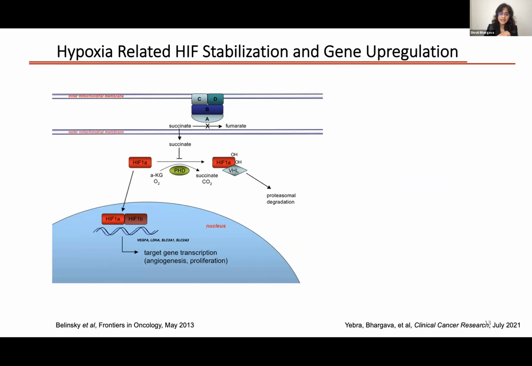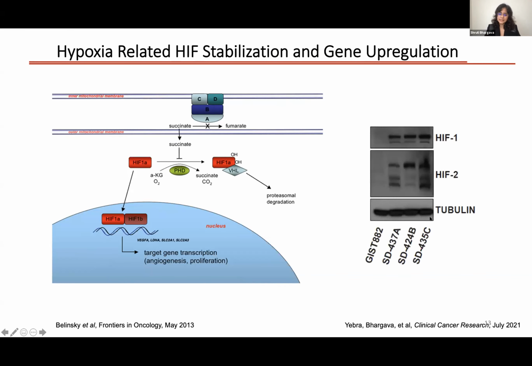So succinate actually inhibits one of the components in the cell which causes the degradation of HIF1 alpha. Thus, higher succinate in the cell will have higher HIF1 alpha, which will then cause higher levels of genes which are dependent on this HIF1 alpha.